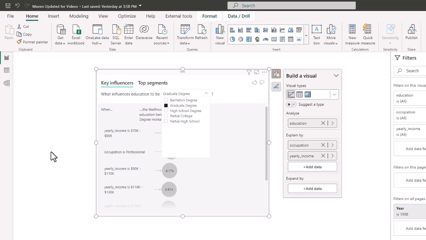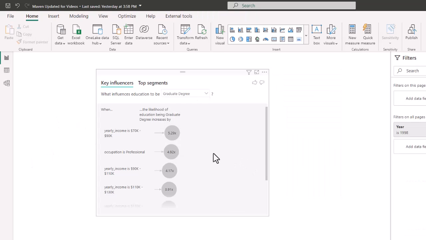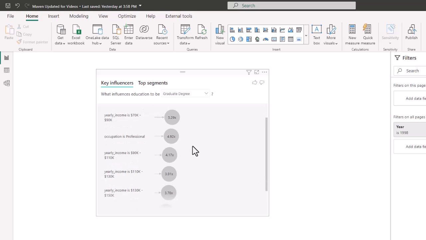now we see that their yearly income between 70 and 90,000 is 5.29%. But their income between 110,000 to 130,000 means they're 3.91 times more likely to have a graduate degree.